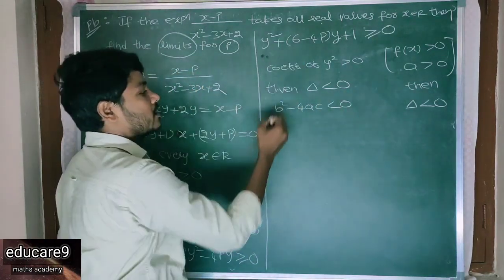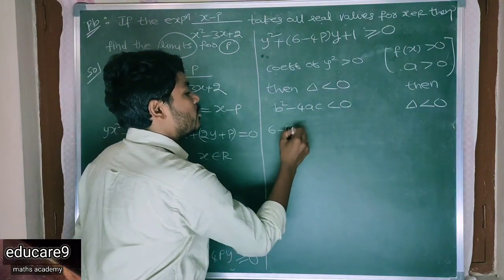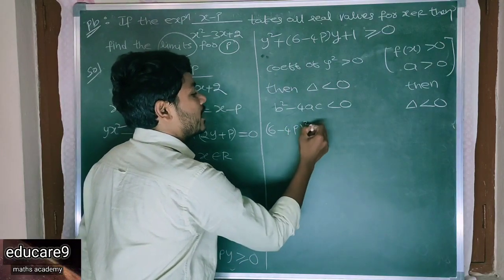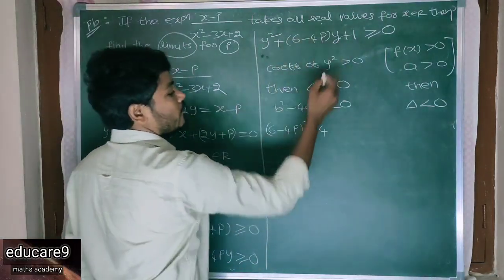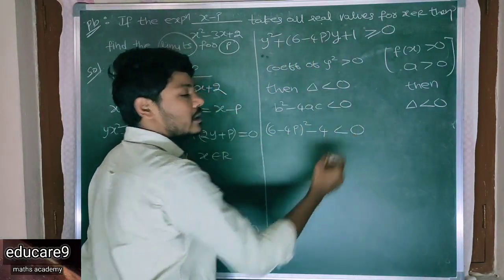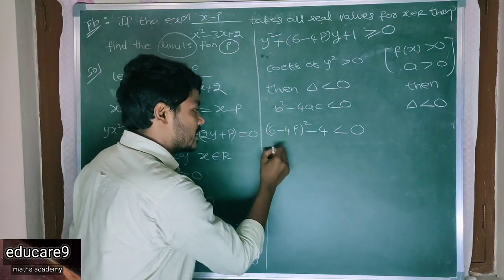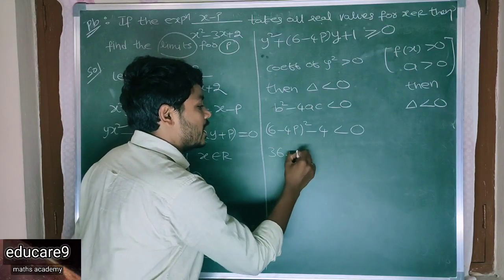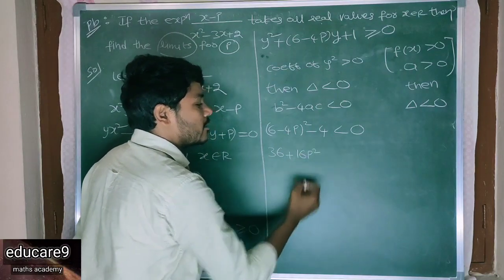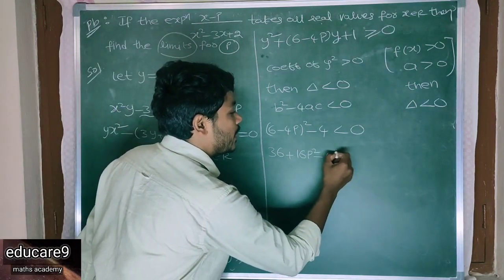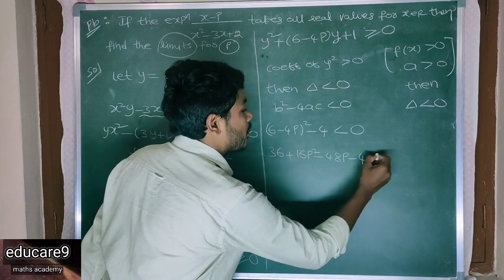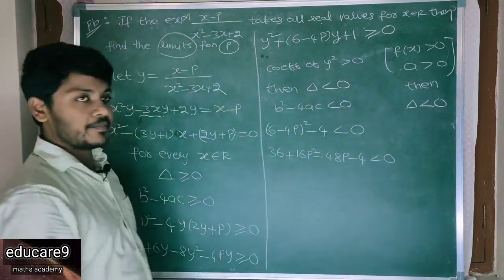Now substitute here. 6 minus 4p whole square minus 4ac, 4 only, that is less than 0. So this is 36 plus 16p square minus 48p minus 4 is less than 0.